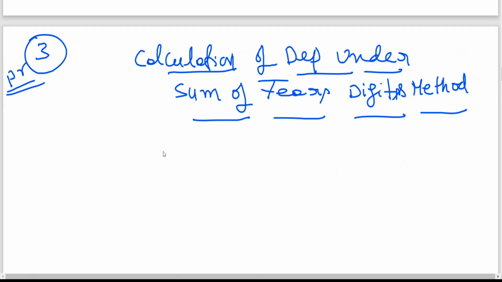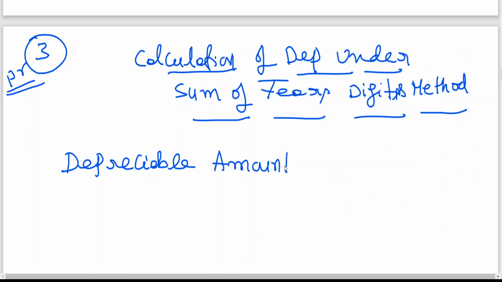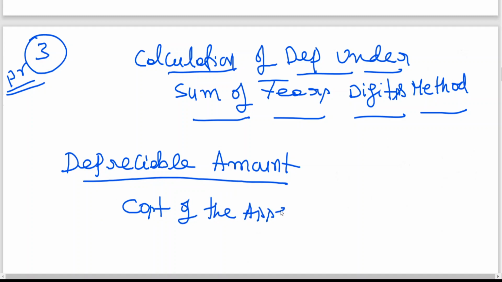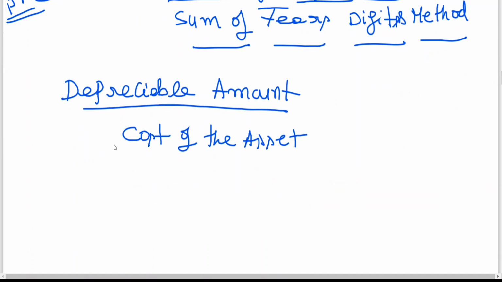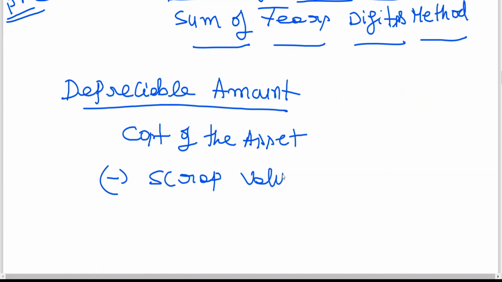Okay, so what is that? First I should find the depreciable amount: cost of the asset minus scrap value. Cost of the asset is 1 lakh minus scrap value.